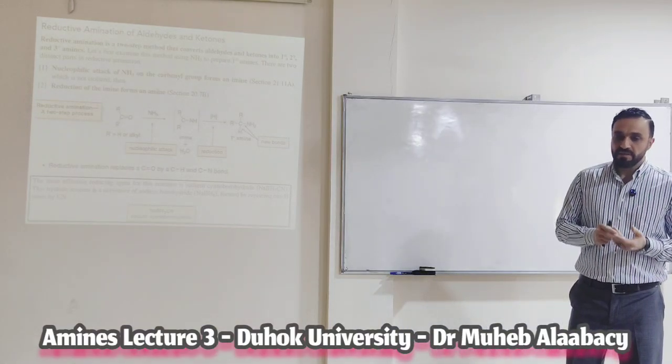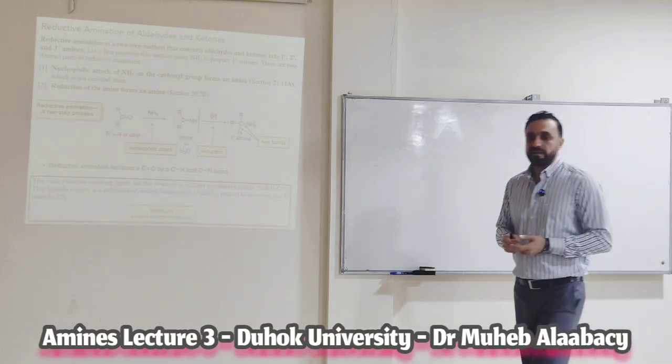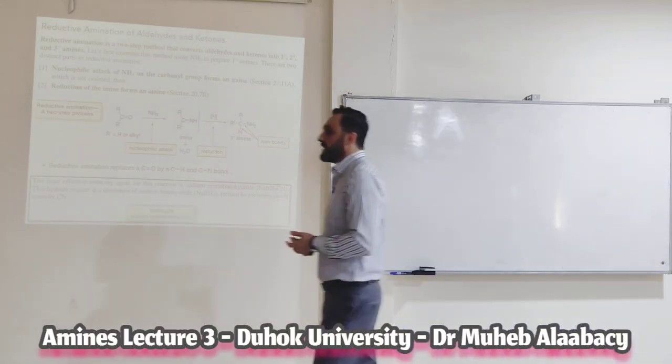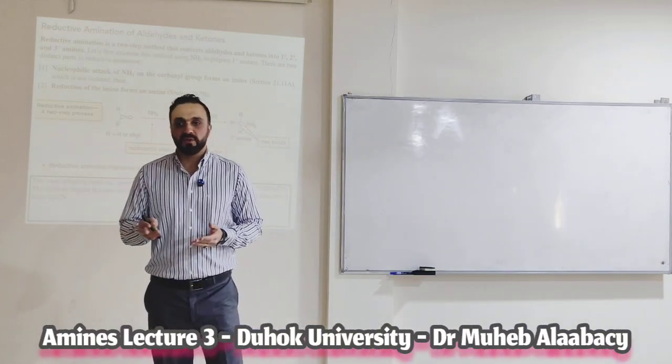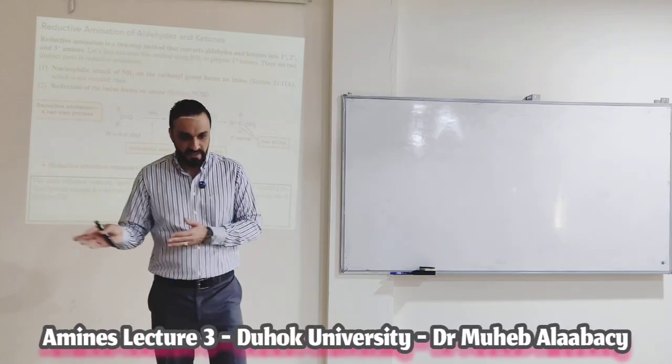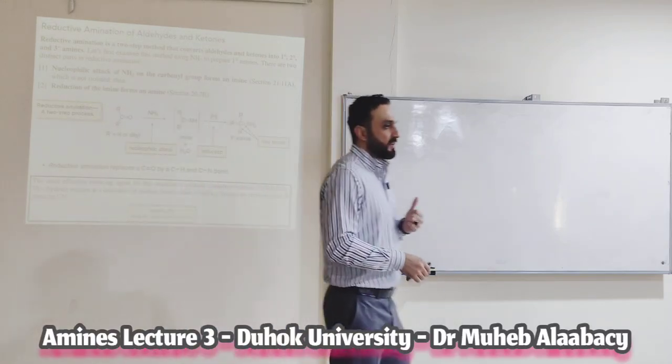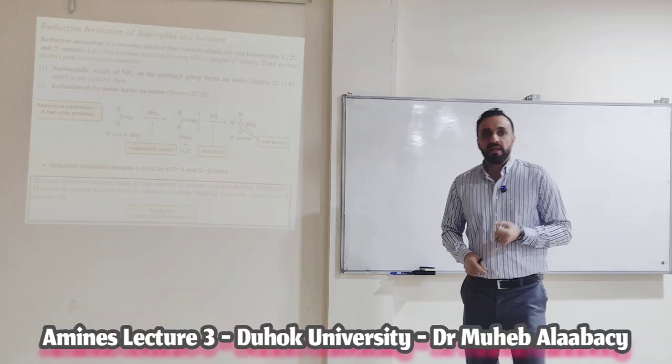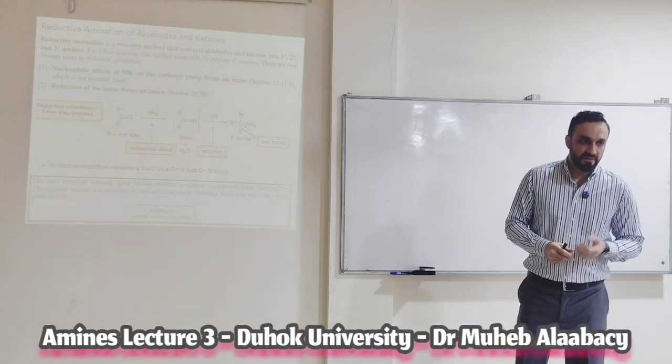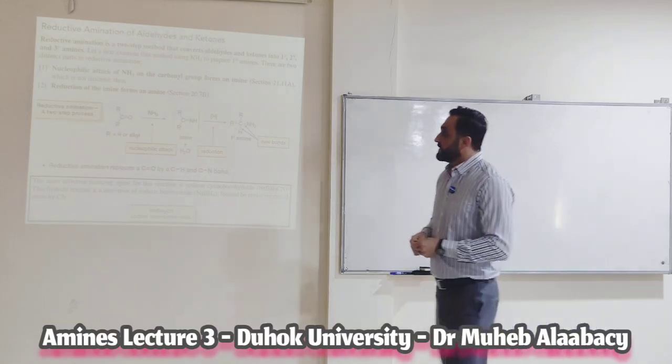For this reason, this is an important method. For example, Gabriel's synthesis only covers the preparation of primary amine, but here, no. By this method, you can prepare the three classes of amine: primary, secondary, and tertiary.